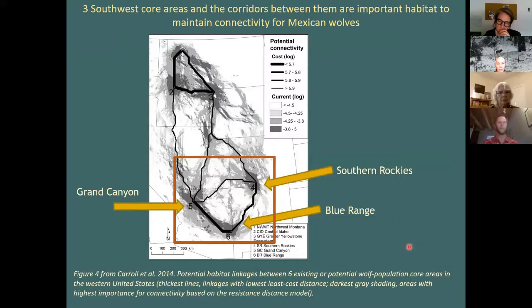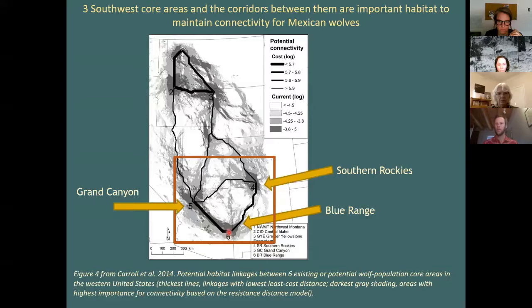When we talked a little bit about that, the science calling for connectivity between these 3 core populations. This is from a published study that came out in 2014 that shows here, you can see these black lines. The thicker the black line is actually the stronger that corridor is for Mexican wolves, or wolves in general, as suitable habitat.